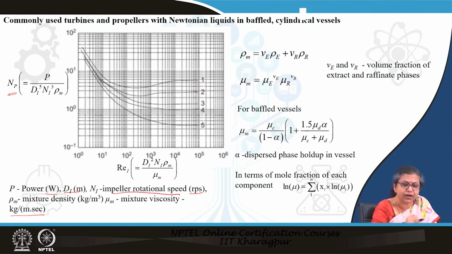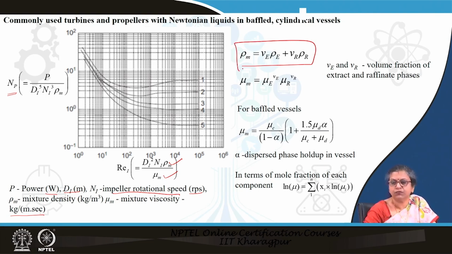Now, if you have to find out the power number, you need to know this rho_m and mu_m, both for Re_I as well as for N_P. Finding out rho_m is not very difficult. You can just find it out from the volume fraction of the extract and the raffinate phases. If you know the densities, you can find out the mixture density. Mixture density for any particular mixture is not difficult. But finding out a mixture viscosity can often be challenging.